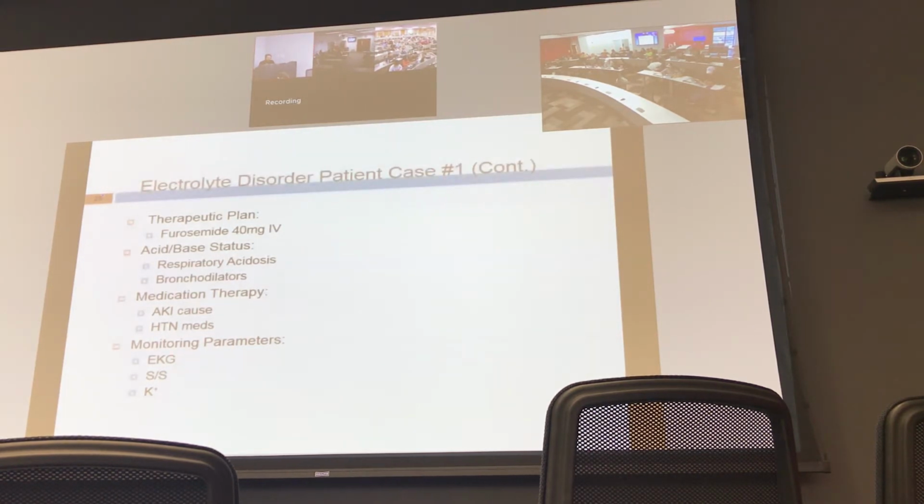The hydrochlorothiazide, the group that answered mentioned increasing that dose, although not necessarily inappropriate, it's not necessarily the first thing that I would jump to, especially from an outpatient regimen. So my whole answer would be hold lisinopril while in the hospital. Okay, thank you.